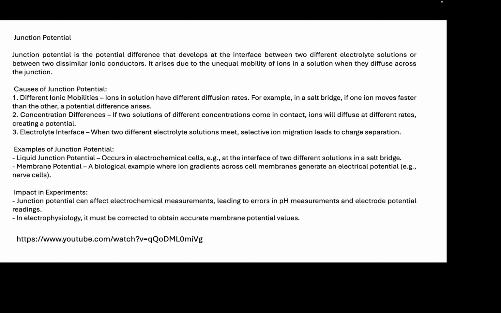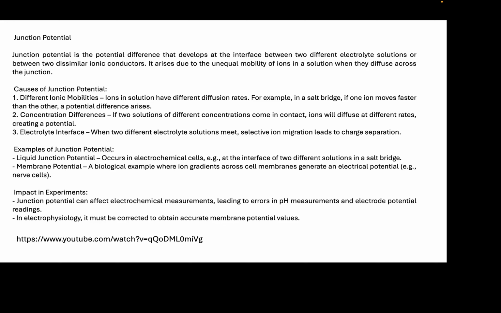Some of the experiments which are impacted by junction potential: junction potential can affect electrochemical measurements, leading to errors in pH measurement and electrode potential, because at the end of the day they are not giving us the ideal result that we have calculated by the Nernst equation.